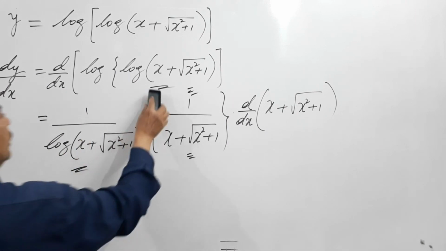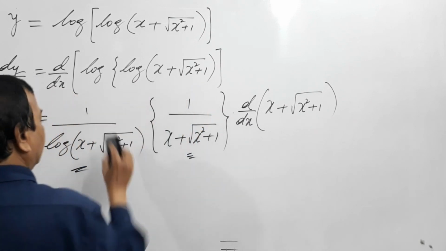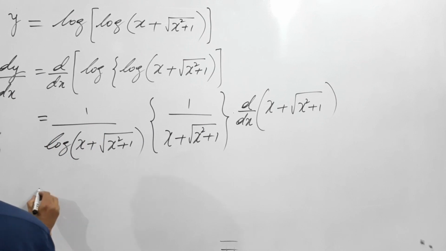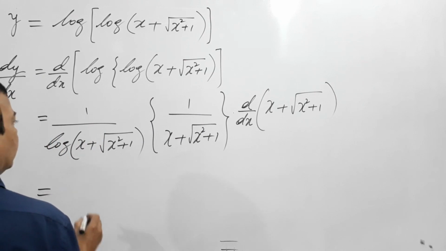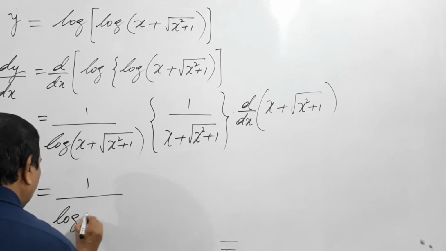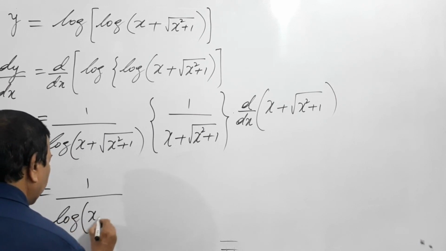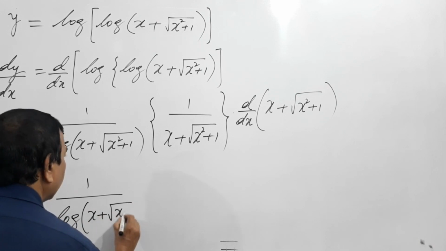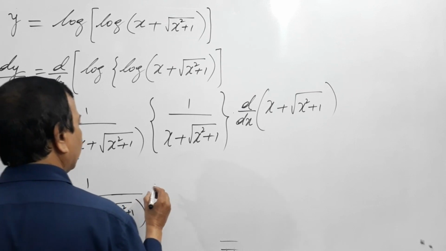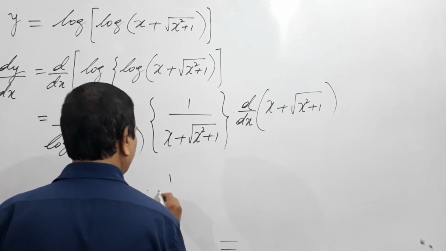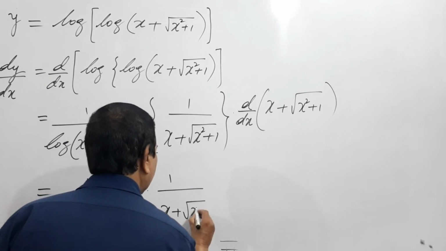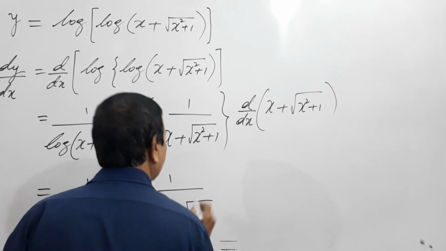So I'll rub this. So what happens here? This equals 1 by log of x plus under the root x square plus 1 into 1 by x plus under the root x square plus 1.